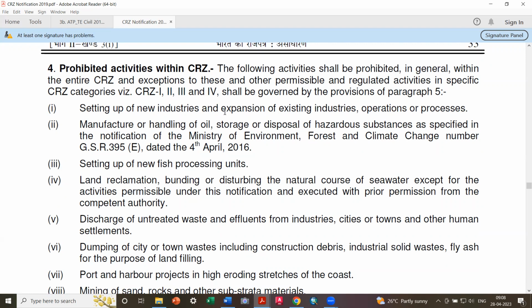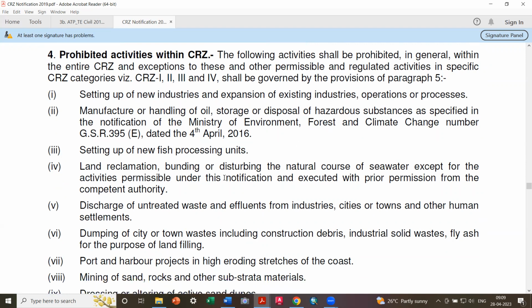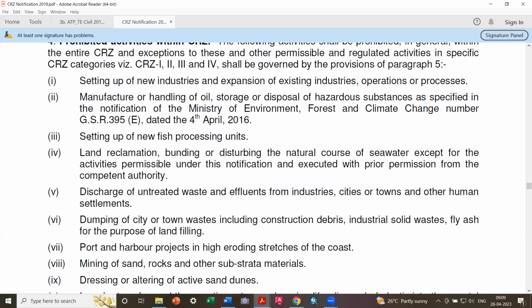So setting up new industries and expansion of existing industries, operations or processes. Then manufacture of handling of oil storage, disposal of hazardous substances. Setting up of new fish processing units. What will happen is, if big machinery is used, then fishing will happen on a large scale and that will affect the ecosystem.